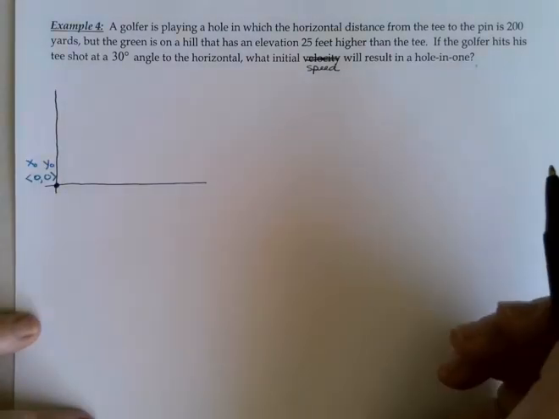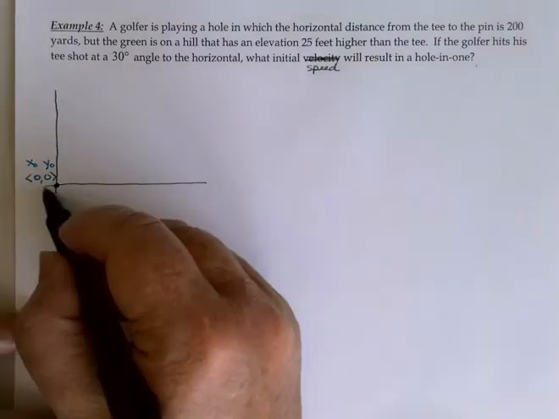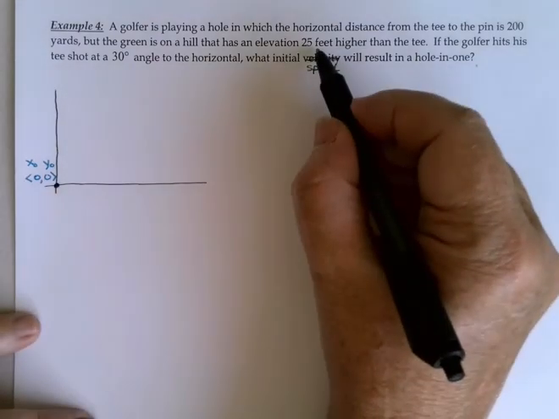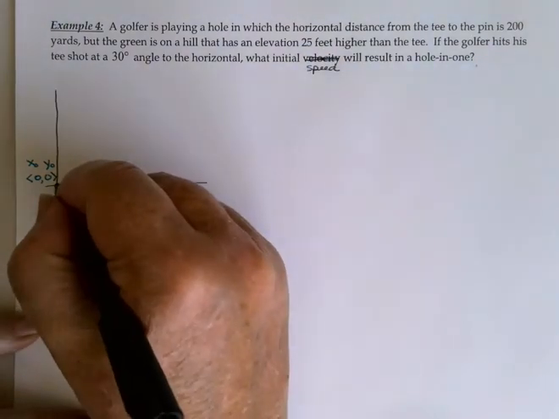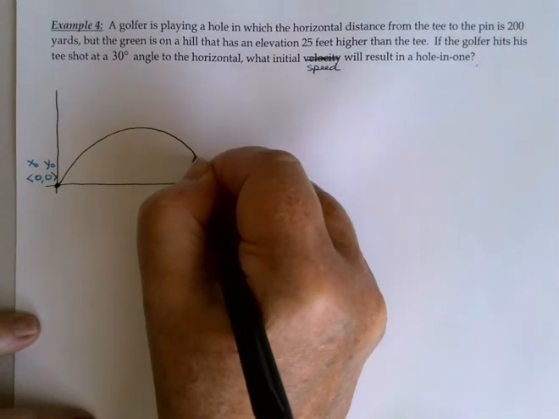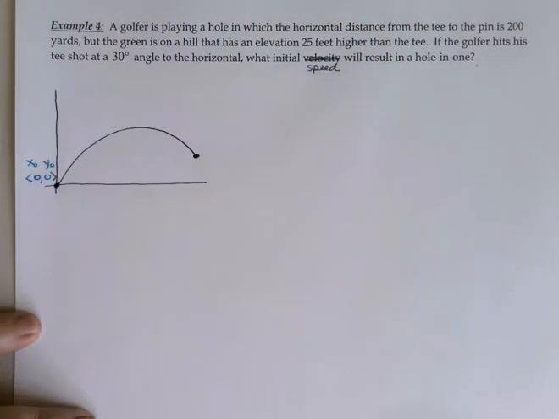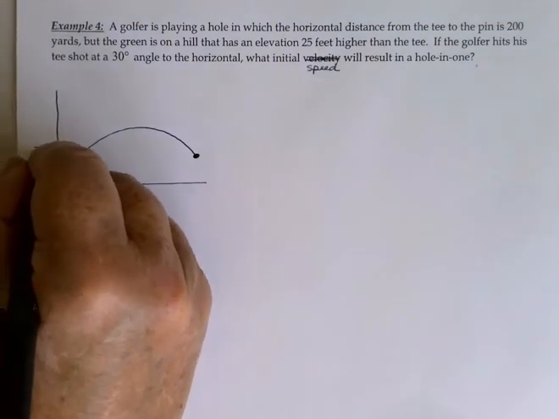And the ball's going to go up in the air, but it's actually not going to come down to the same ground level that it started at. It ends on that hill, which is 25 feet higher than the tee. So it's going to end kind of like this, with a y value of 25.